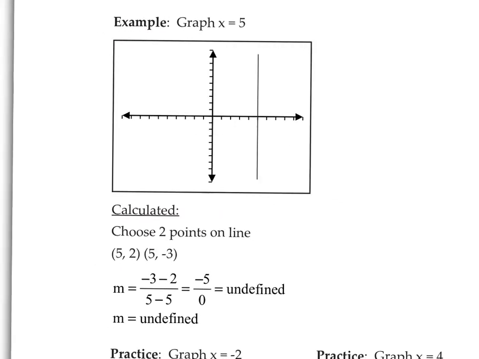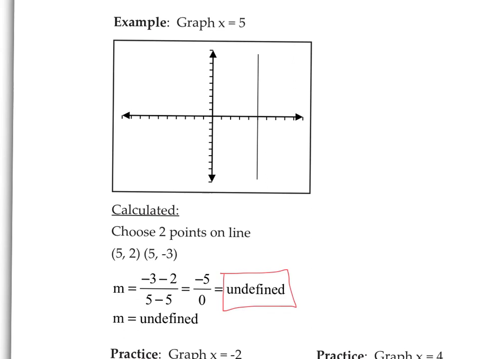When you put in points from a vertical line into the slope formula, it doesn't come out to be 0, because it turns out that the 0 ends up in the denominator of the fraction, which makes this slope undefined. There is a difference between slope 0 and slope undefined. Vertical lines have a slope that is undefined. Horizontal lines have a slope that is 0.